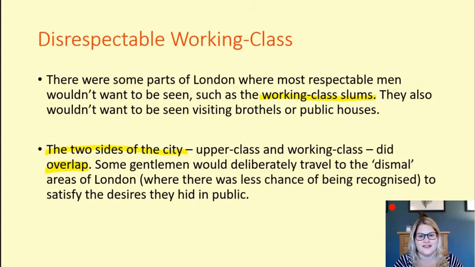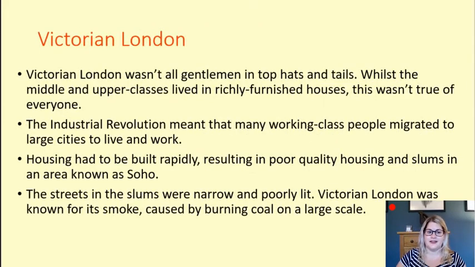So you've got that idea again of the two sides of the city. So upper class versus working class, but they overlapped, because where the Victorian gentlemen ended up wanting to go, like brothels, was obviously in the dodgier parts of the city. So those worlds collided frequently. Write stuff down if you need to.